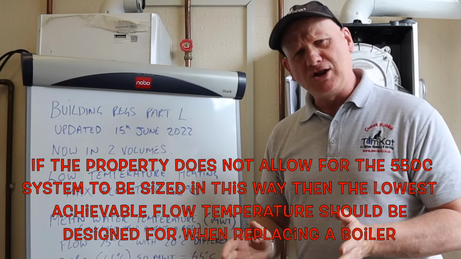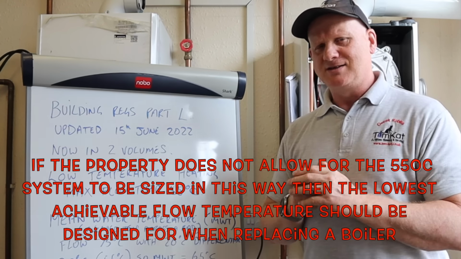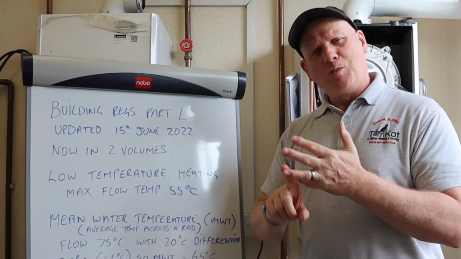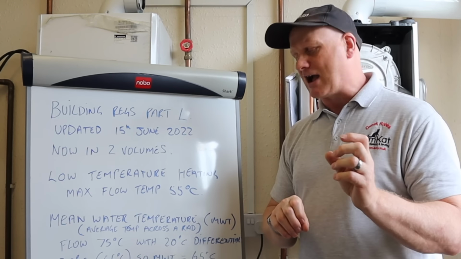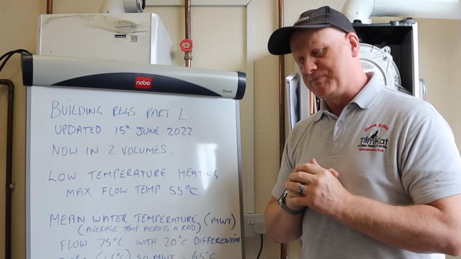So if you're having a boiler changed, you need now to have your house surveyed to actually see if your radiators, your pipework and your installation will actually allow for a 55 degree flow temperature.